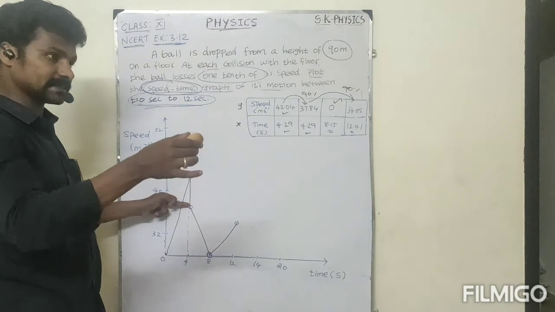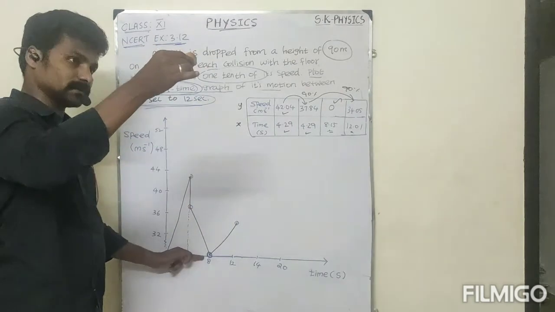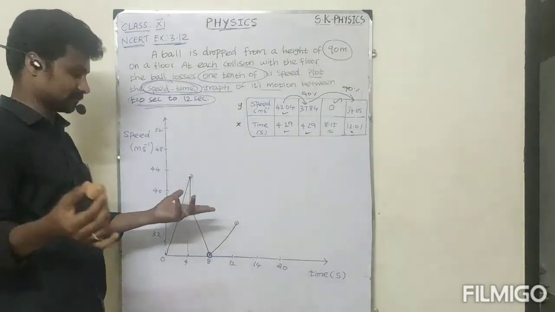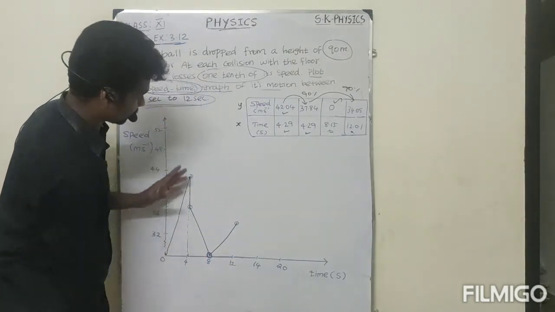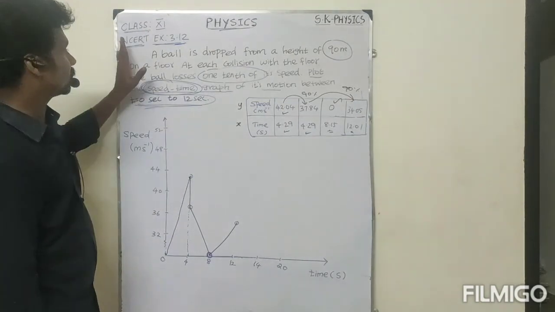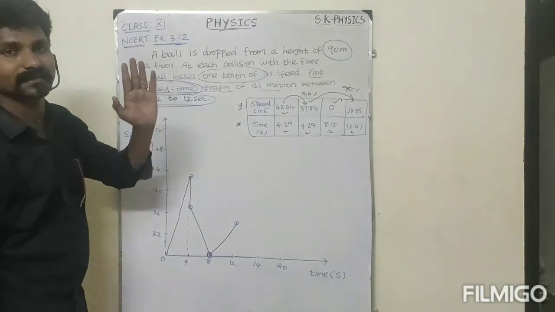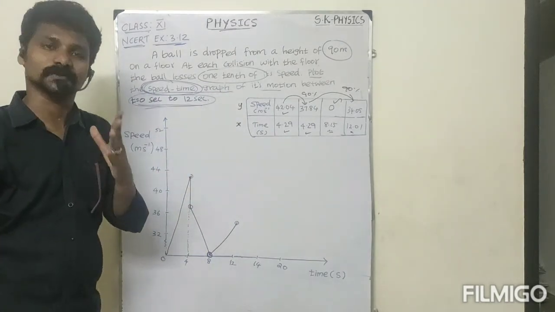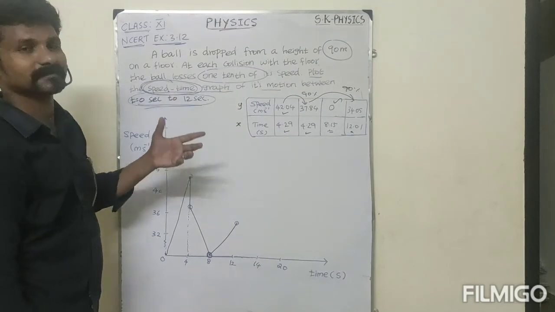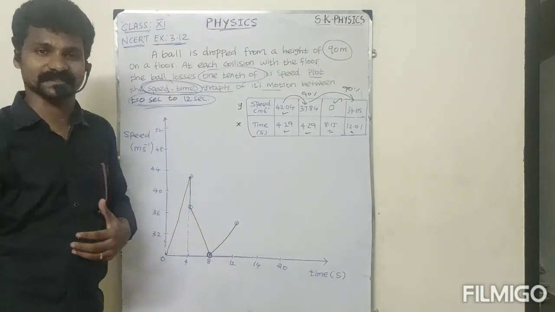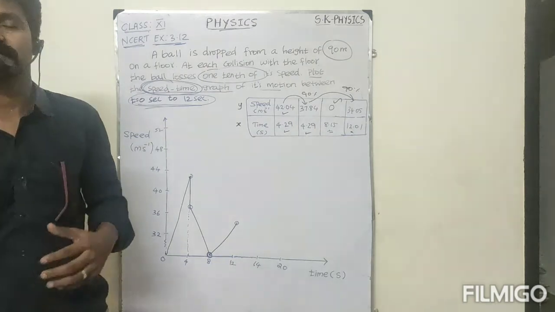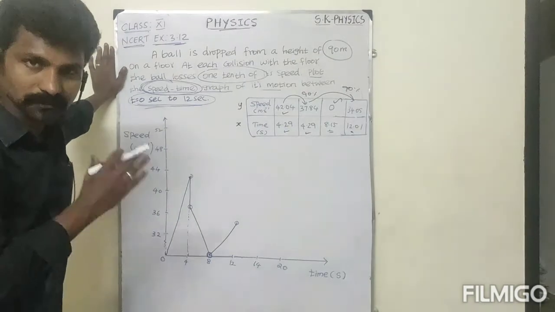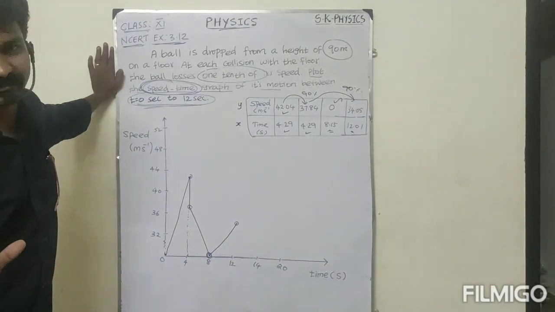Then while reaching the maximum height, the speed is 0. Then again the speed is increasing. That's all. So this is the graph we can draw from the given situation. It is a very, very important question. We can get a clear idea of how to draw the speed-time graph for this kind of situation. Okay students, I hope you understand this question. So observe this video one or two times, then only you can understand well, I hope.